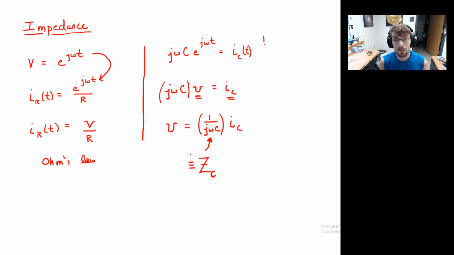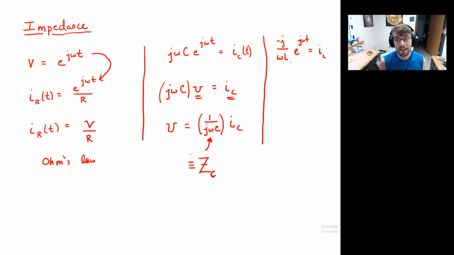Of course, we could also do the inductor. So for the inductor, we had negative, okay, maybe I shouldn't have done the negative j over omega L, e to the j omega t is equal to I_L.